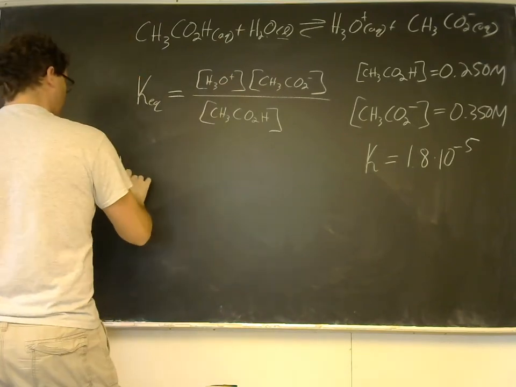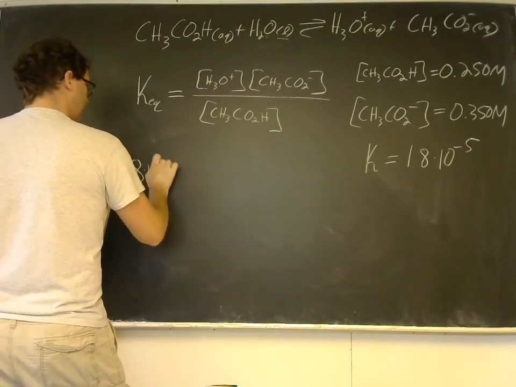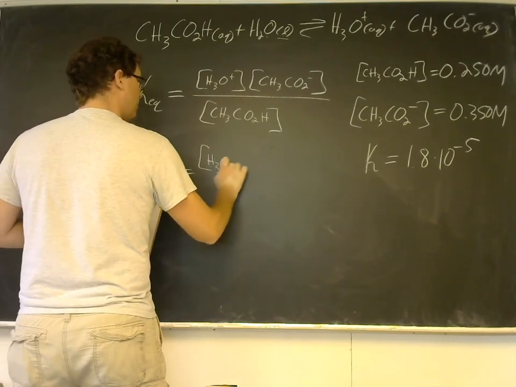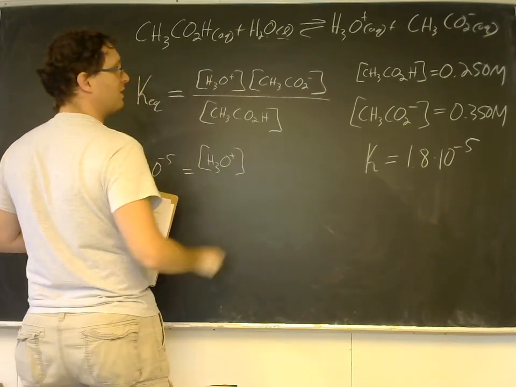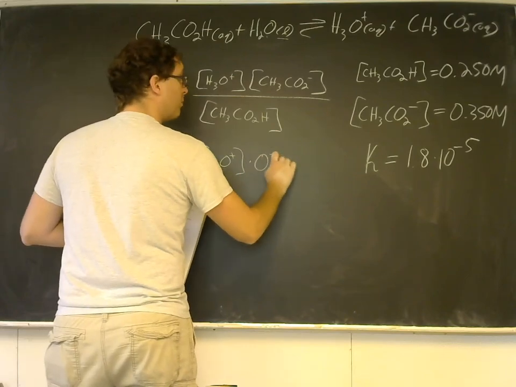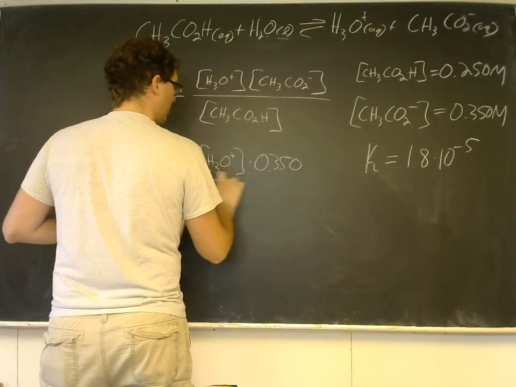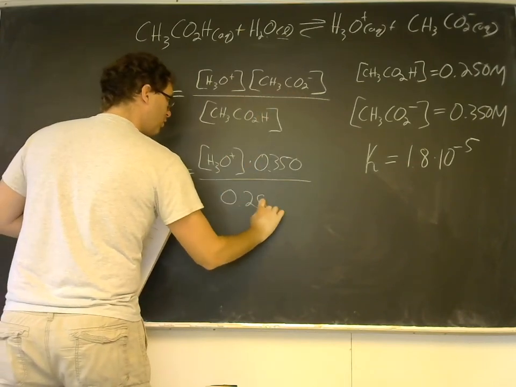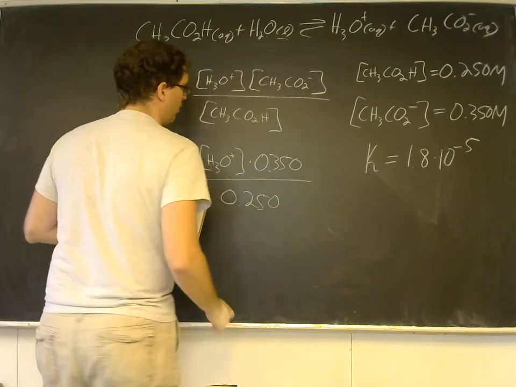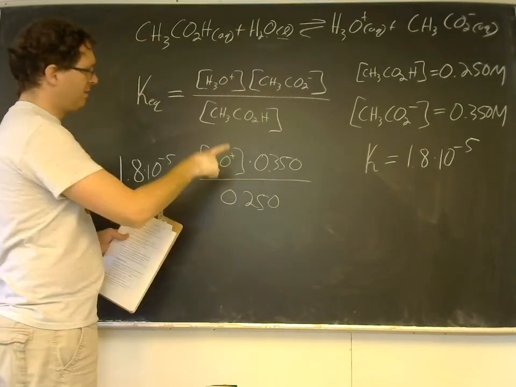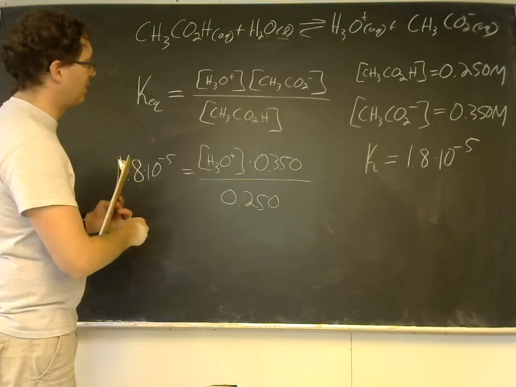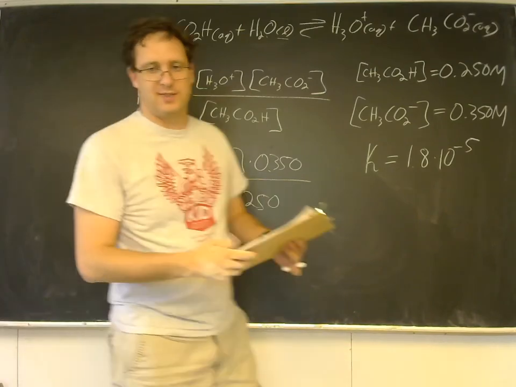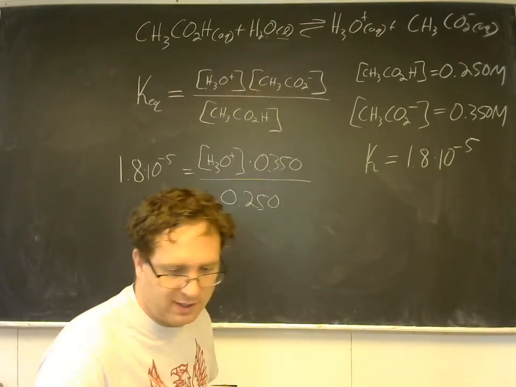Let's just put it in. 1.8 times 10 to the negative fifth is equal to that unknown H3O plus concentration times 0.350 molar divided by 0.250 molar. And again, I can afford to be a little sloppy with the units. This is unitless, I'll just have to tack on the molar units at the end. So let's solve this.